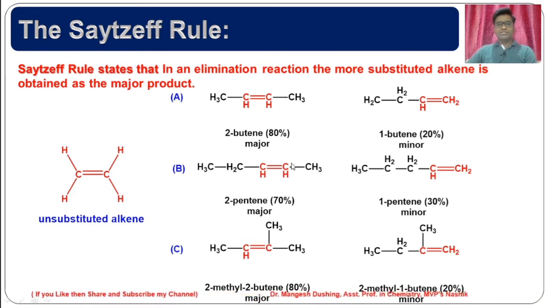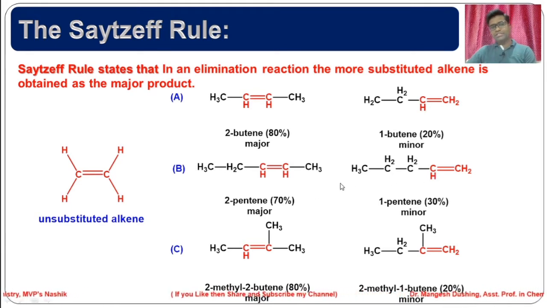In this case also 2-pentene and 1-pentene. In 2-pentene, it is disubstituted alkene. 2 hydrogens of the basic alkene are replaced by the 2 R groups. That's why this is called as disubstituted alkene. While in this case only one hydrogen is replaced by the 1 R group. So, this is monosubstituted alkene.